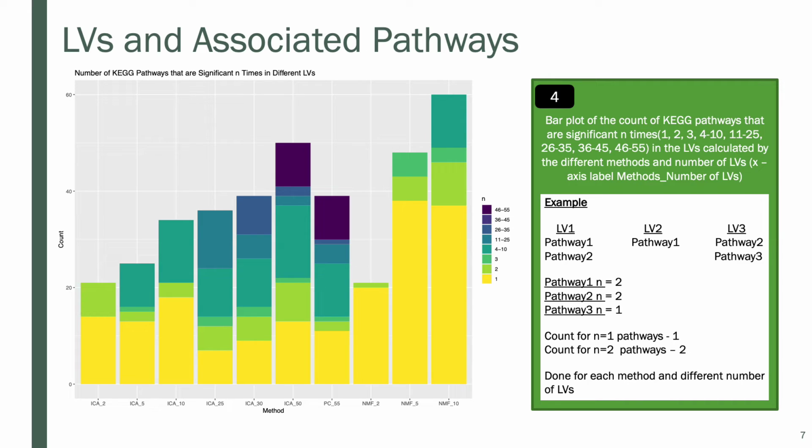Some of the latent variables shared pathways, and some of them had unique pathways. So we were interested to see what the distribution of these unique and shared pathways was between the different latent variables, to see if there was a trend of unique versus shared pathways.